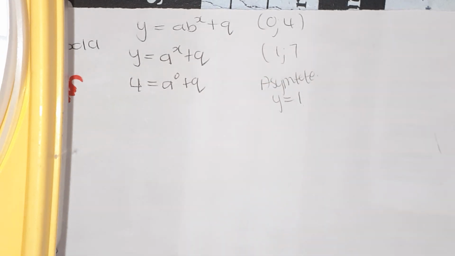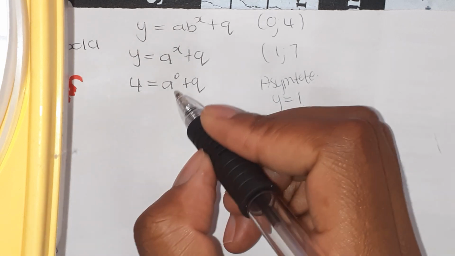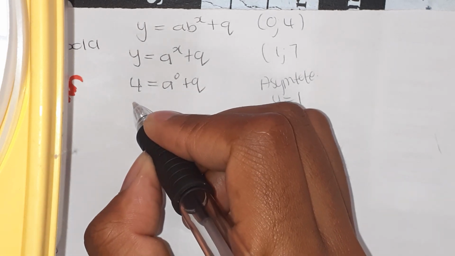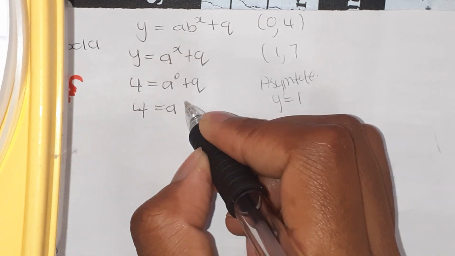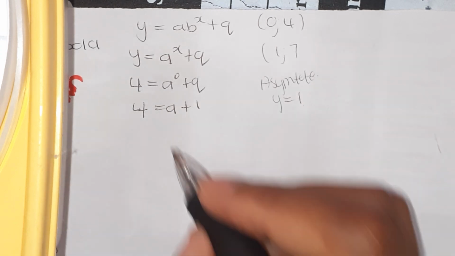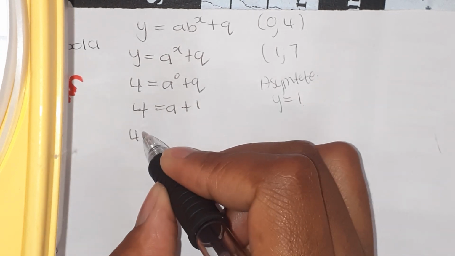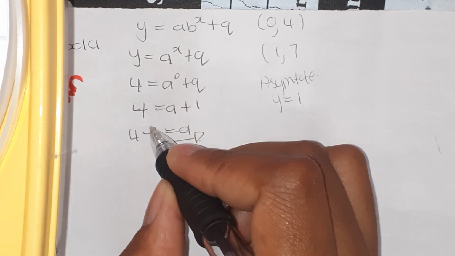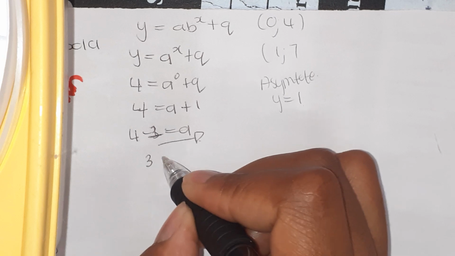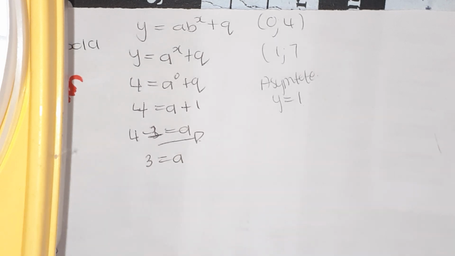Anything to the power of 0 is the same: 3 to the power of 0 is 3, 1 to the power of 0 is 1, a to the power of 0 is a. So we will say 4 equals a plus 1. Remember, it's the asymptote. We'll move it here. It will be 4 minus 1 equals a. So a equals 3, right?